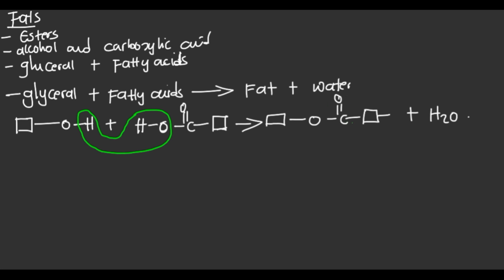The linkage is this part here. The formula for this linkage is COO, and this linkage is known as the ester linkage.